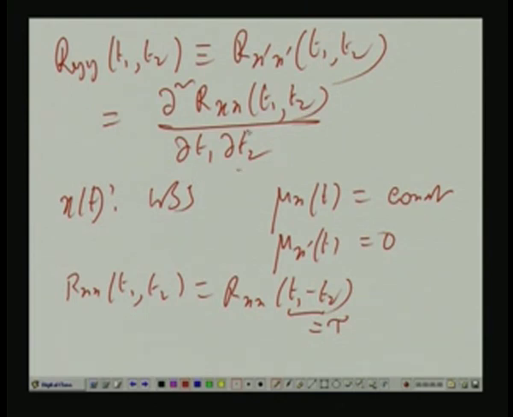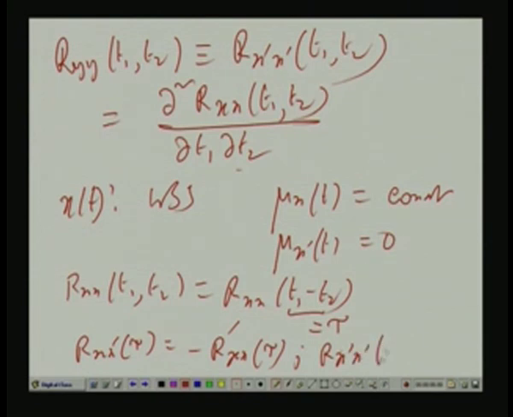I leave it as an exercise for you to easily verify these two things: R x x prime of tau will be the first order derivative of R x x of tau, and R x prime x prime of tau will be the second order derivative.